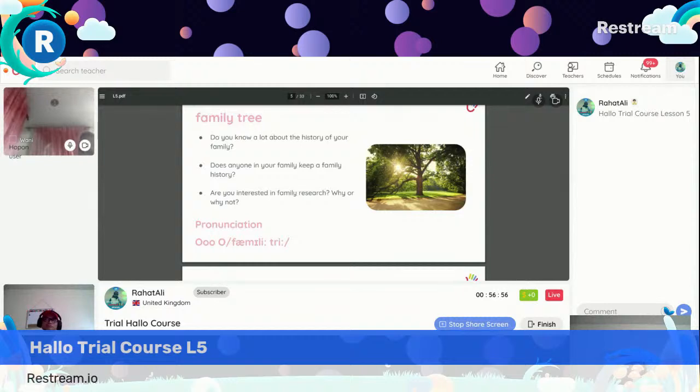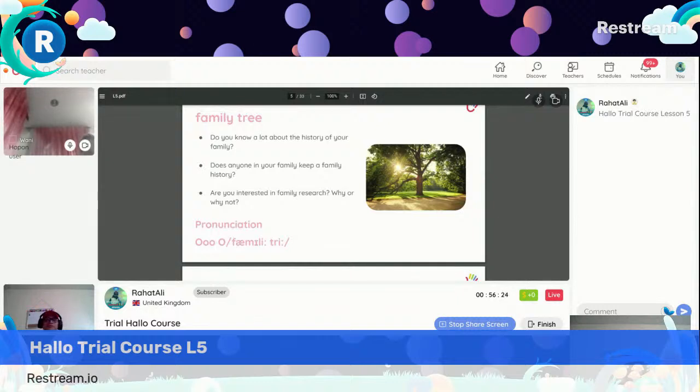Yes, I think they have something like a family tree. Okay. Are you interested in family research? Yeah, maybe because we can know who's our relative, and we can connect to each other. So I'm interested to know about my family.